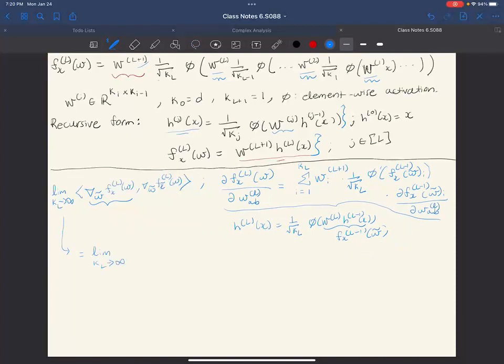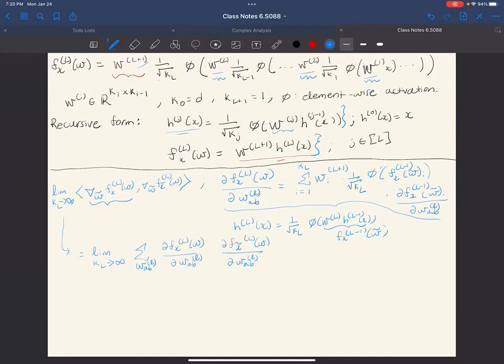It's just going to be a sum over this product of all my partial derivatives. So I'm just summing over all my variables, WABL, of these partial derivatives. Oops, WABL times partial fx tilde at L divided by partial WAB at L.